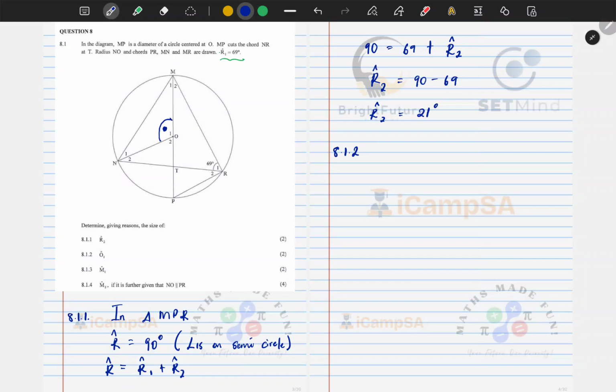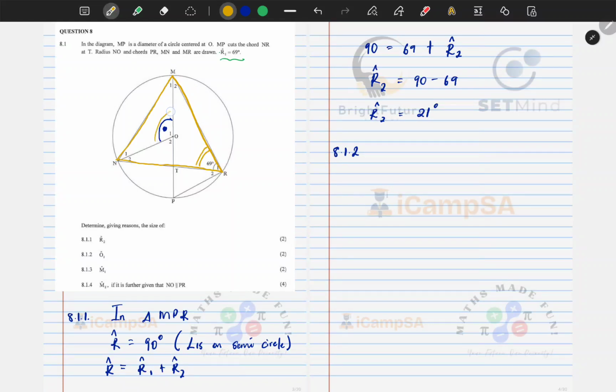My approach to solving this is to look at triangle MNR. This is the entire triangle that I'm going to be looking at. So now what do I see? I see this angle.